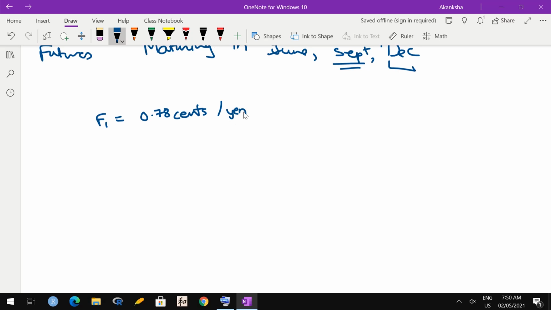Okay, the price is suppose 0.78 per yen for December futures, and for September futures the price is suppose 0.725 cents per yen.